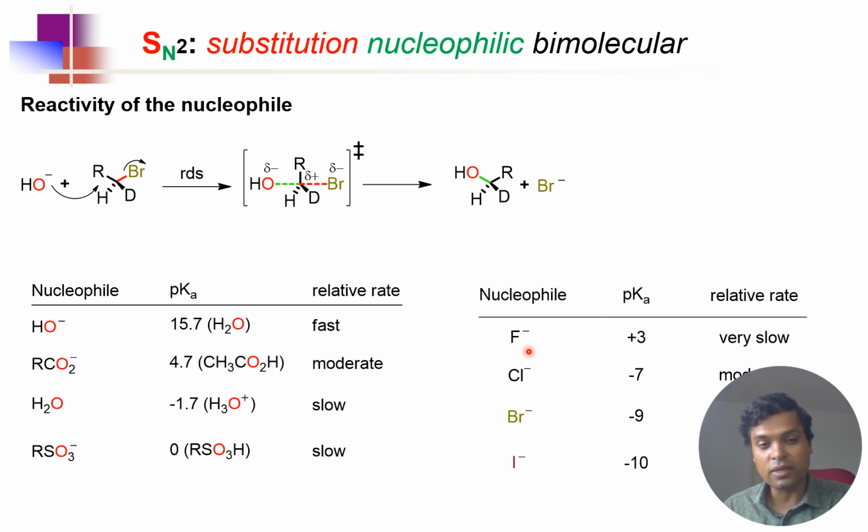As I said earlier, in an SN2 reaction the nucleophile attacks the carbon center at the anti-bonding orbital. When you have an anti-bonding orbital, the energy is very high. This energy of the anti-bonding orbital falls very close to the 5p orbital of iodide.